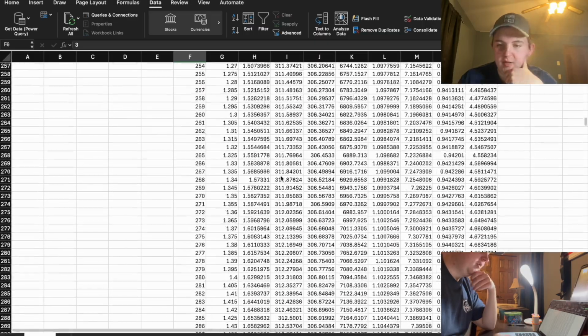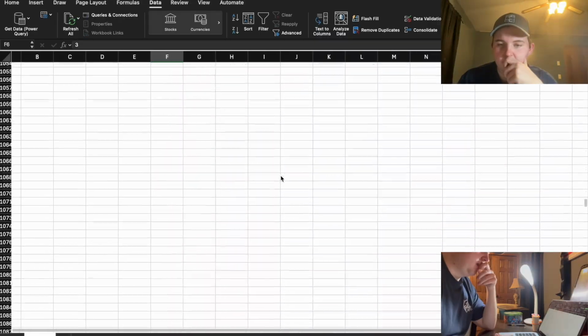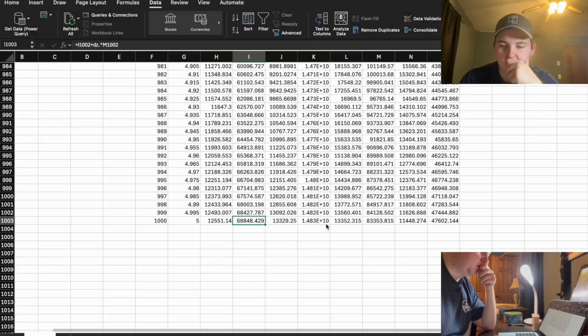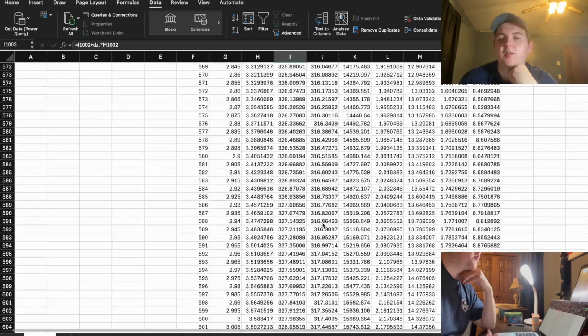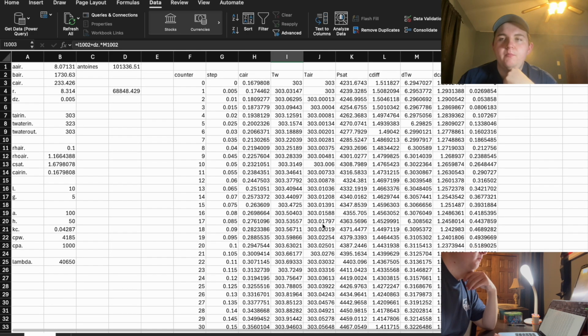So we finally got our values here. Down here we do have a value of I at 68,000 and some, which is what we're going to use in our sum squared value to run solver.